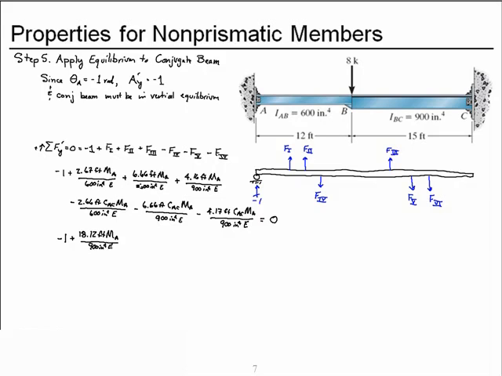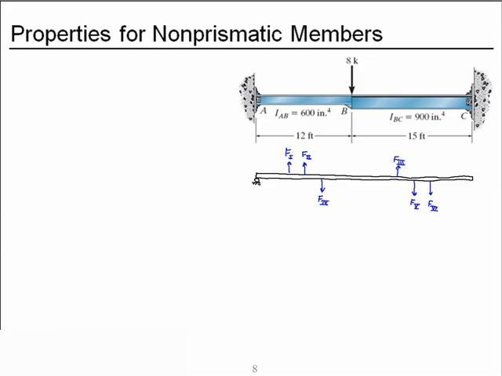So the numerators were each amplified by 1.5. Likewise for this one, so that it's the same denominator as these, and we get a minus 14.82 feet, the carryover factor, the moment at A, divided by 900 inches to the fourth E equals 0. And I'm going to call this equation 1.